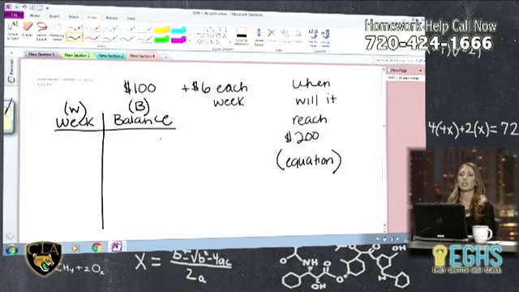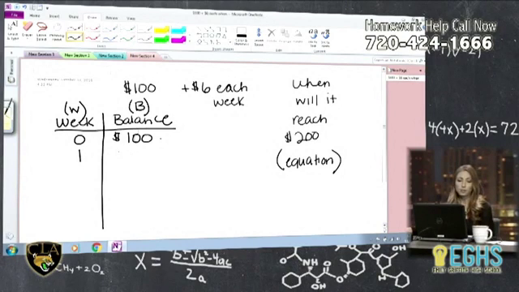One of the first things you want to do when you're coming up with equations is decide what your variables are and define them. What am I going to use and what do they represent? At week 0, John has $100. That's his starting balance, which is an important value when coming up with an equation.